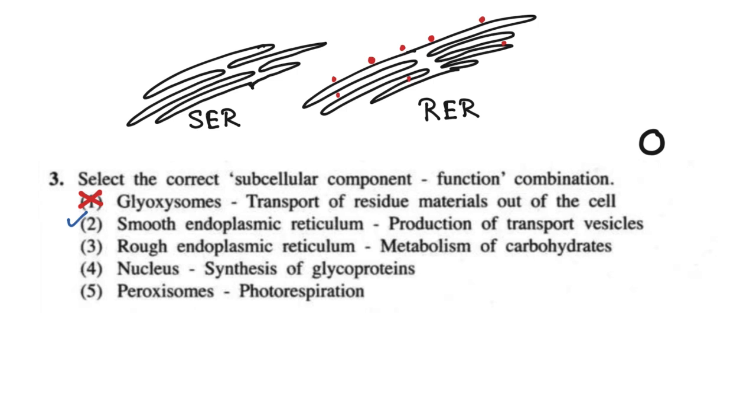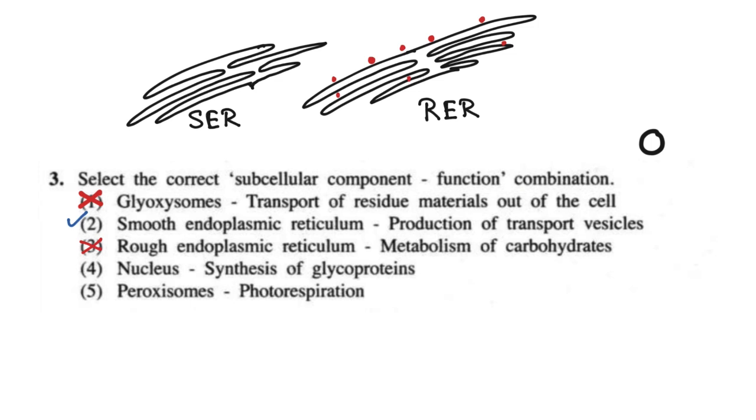So RER, or rough endoplasmic reticulum, they transport proteins synthesized by those ribosomes, and they synthesize glycoproteins, and also they produce transport vesicles. They are mainly involved in synthesizing and transporting protein related things. They don't do this metabolism of carbohydrates. So 3 is incorrect.